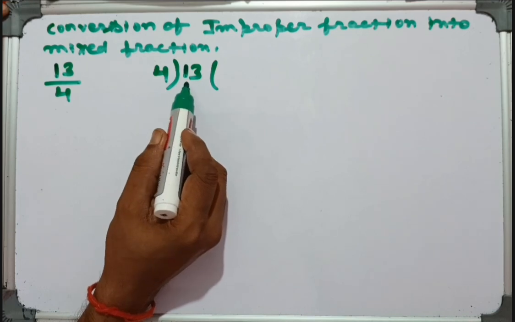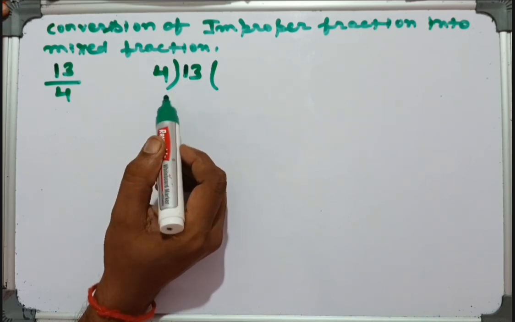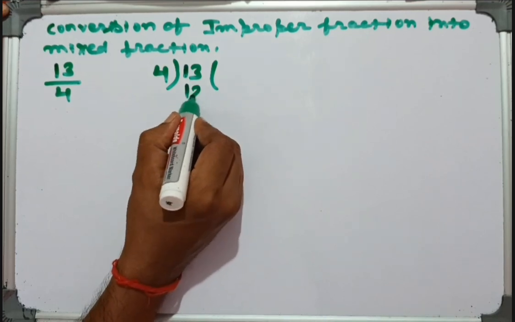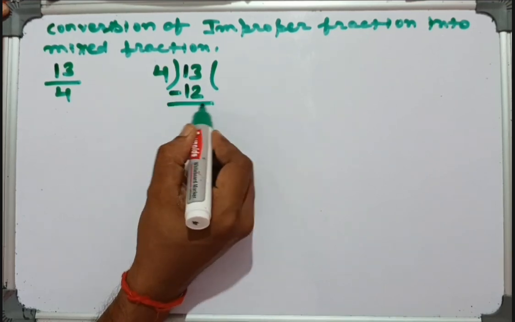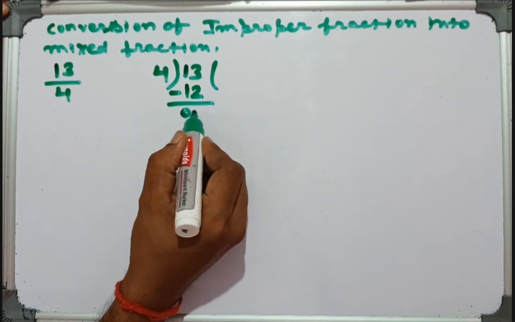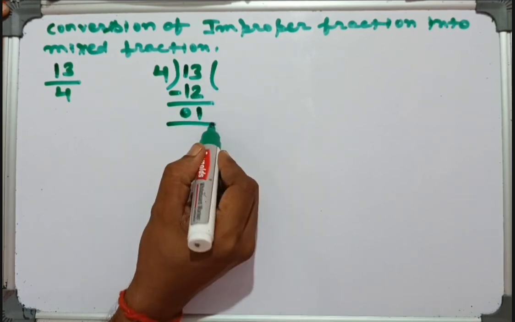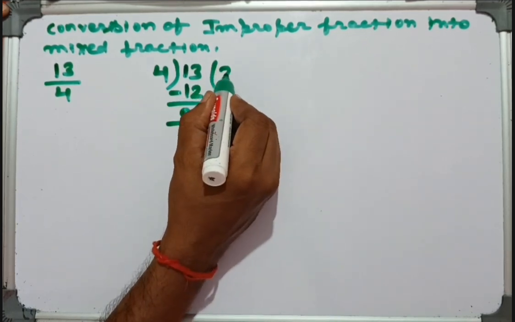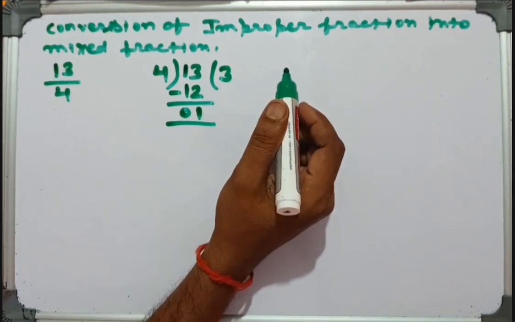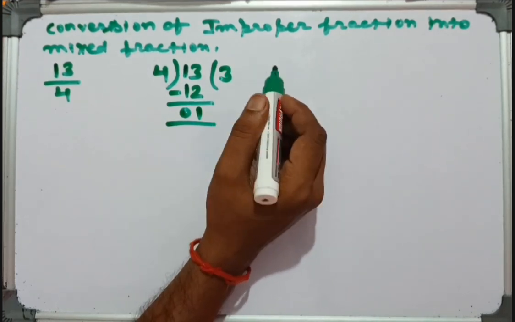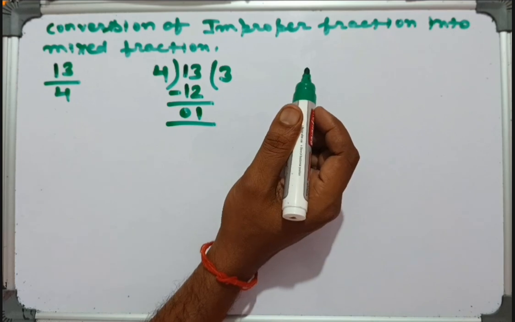So here we write the number which is less than 13, that is 12. Then we take the difference of 13 and 12, which is 1. Now what do we write here?